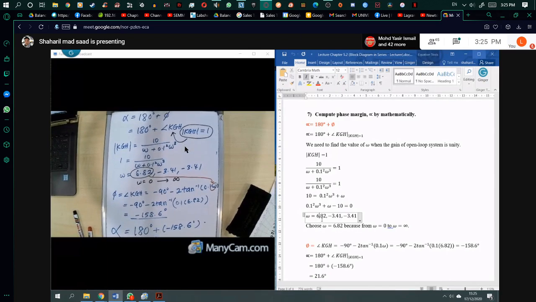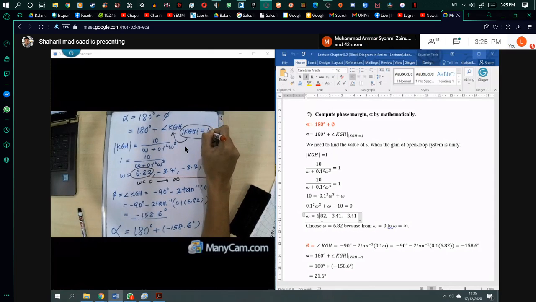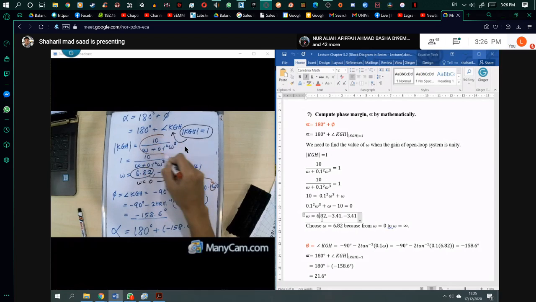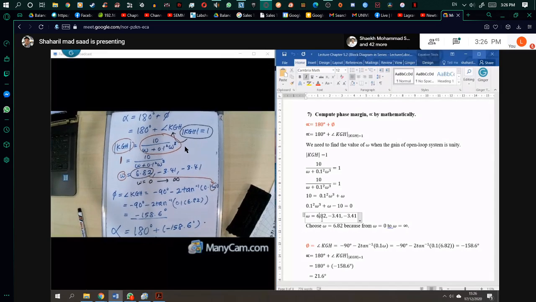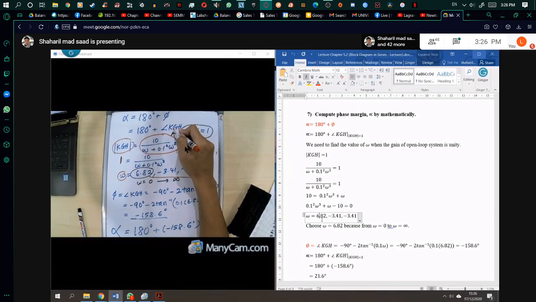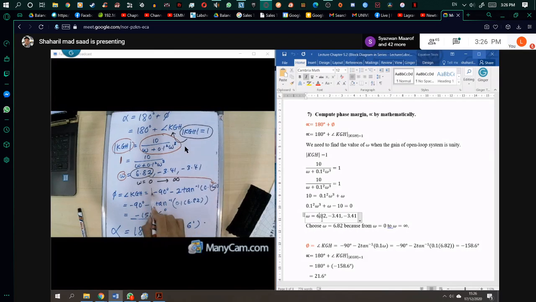Alright, I repeat it again. First of all, you apply 1 to the equation of kgh, the magnitude of kgh. So for this equation, you apply this equal to 1. Then you find out the W. After you find out the W, you apply it to the equation of the phase shift of kgh. So this is the equation.